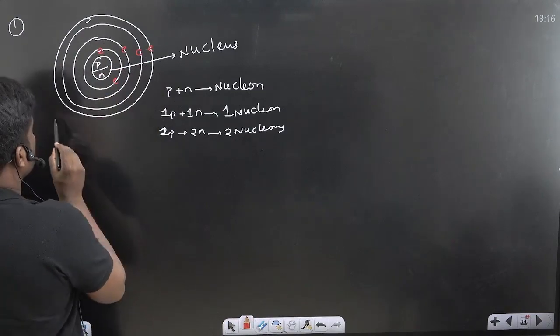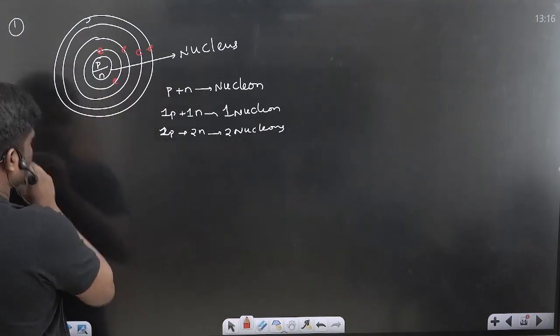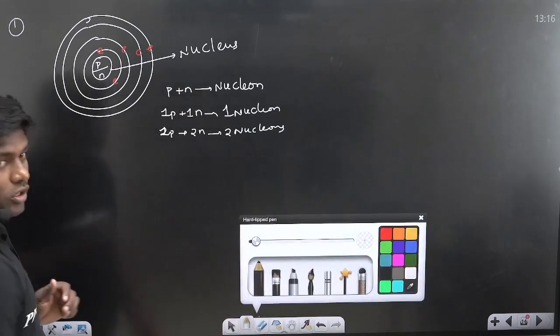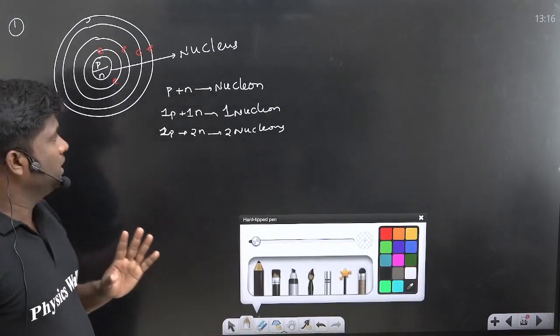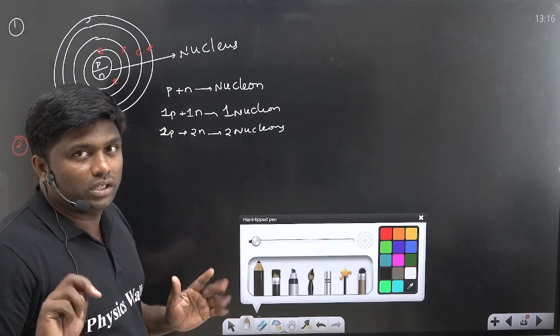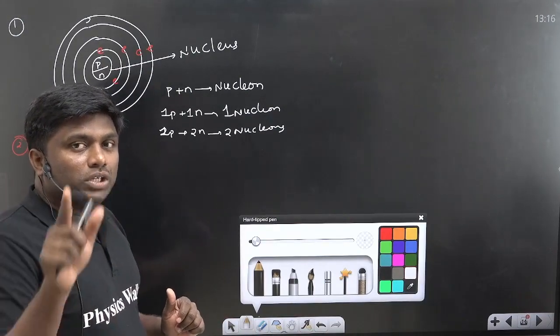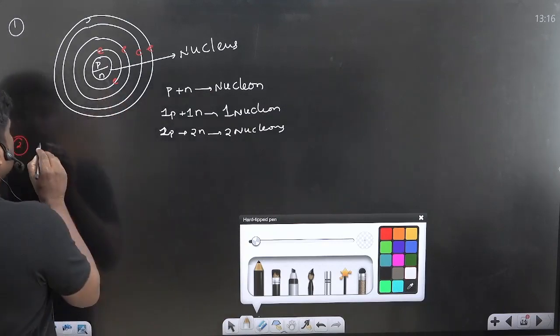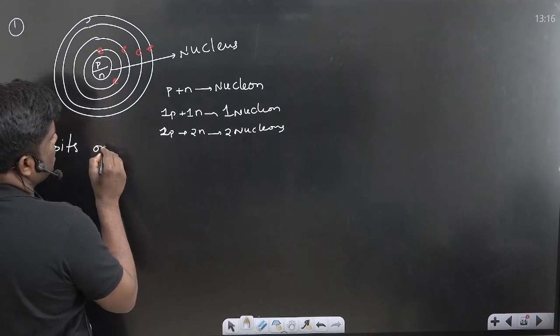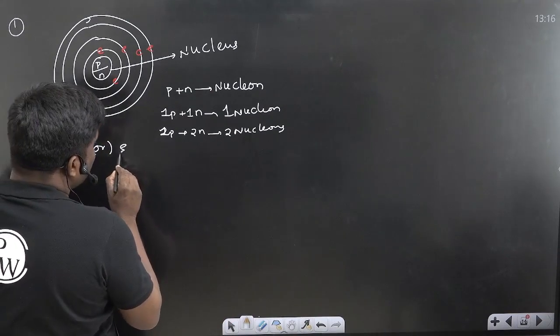Second point: electrons are present around the nucleus, not in the nucleus, in a circular path. Those circular paths are called orbits or energy levels.